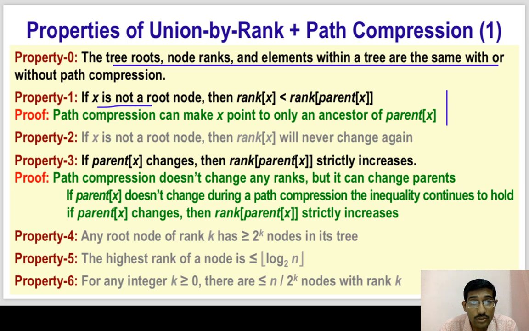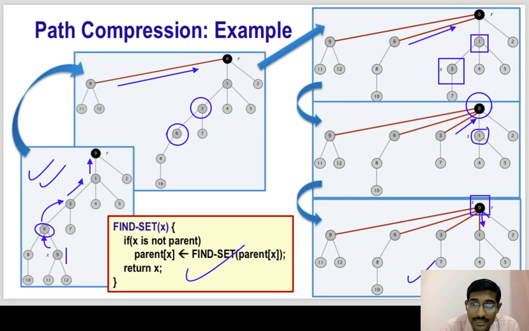If x is not the root node, then rank of x should be less than the rank of its parent. Though we have proven this earlier, due to path compression these parent pointers are getting changed. Every node is finally pointed back to the root in this path.